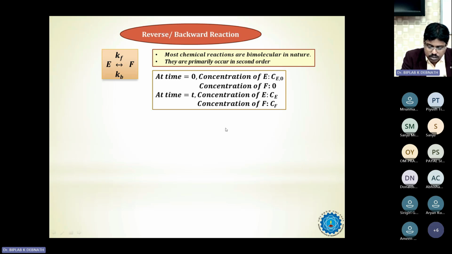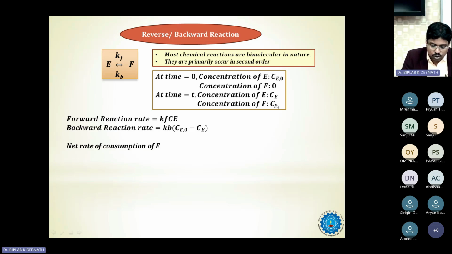At time t, the concentration of E changes to C, whereas the concentration of F comes to Cf. So this is continuously changing. From here, the forward reaction rate is Kf into C, and the backward reaction should be Kb into C naught minus C.